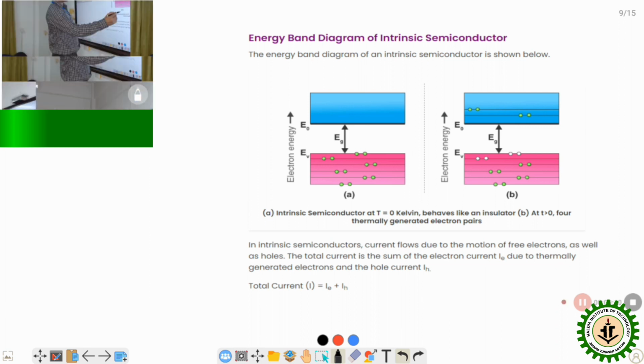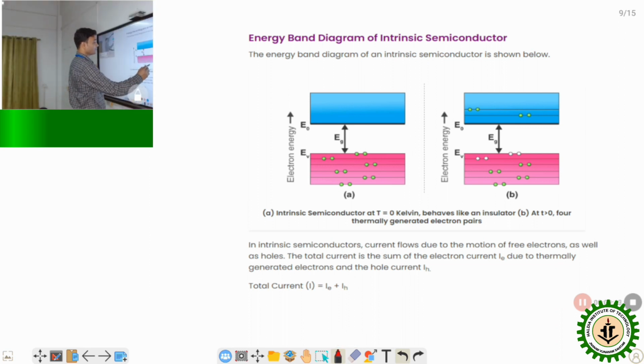The band diagram is drawn in two conditions, at 0 K and above 0 K. At 0 Kelvin, the energy required for an electron to move from the valence band to the conduction band is not sufficient, so no electrons move across. Above 0 Kelvin, at room temperature, a few electrons get thermal energy and are excited from the valence band to the conduction band.